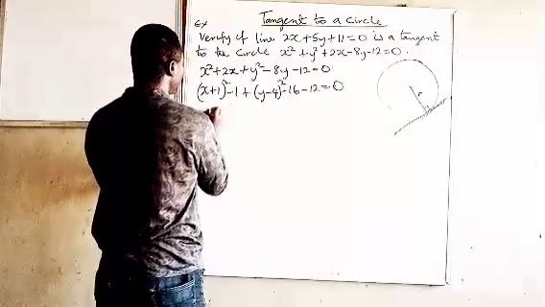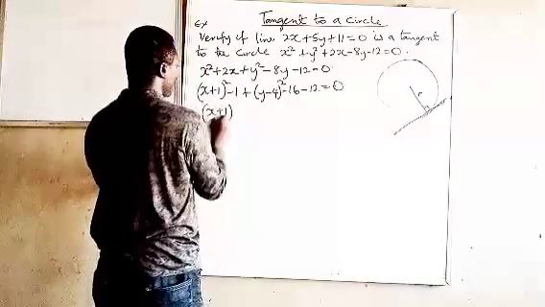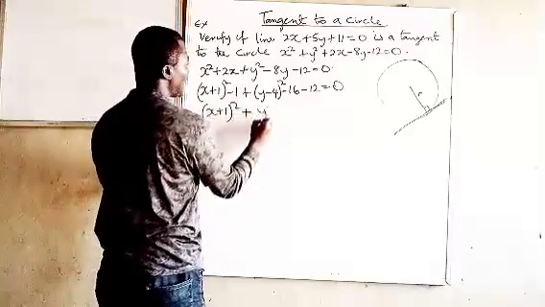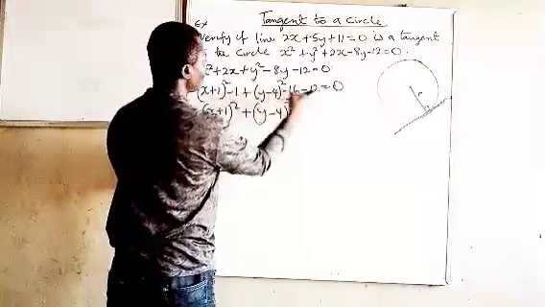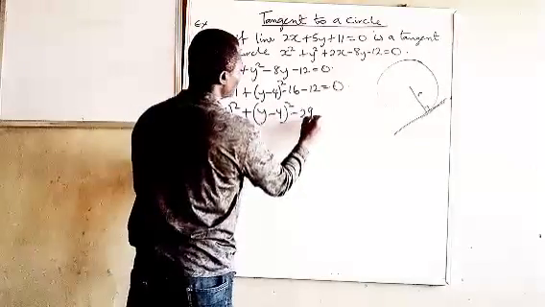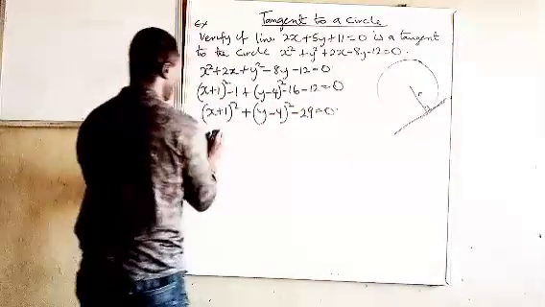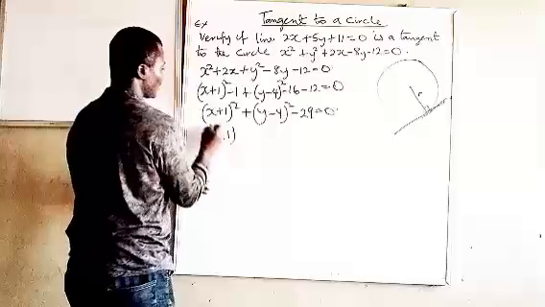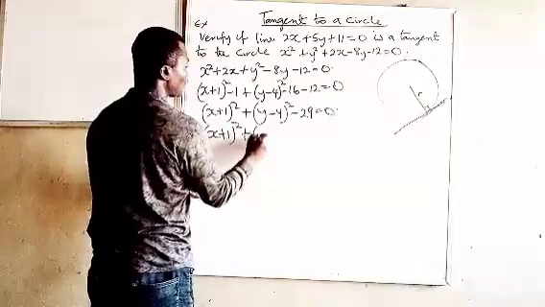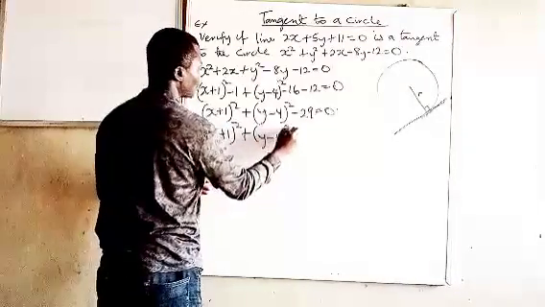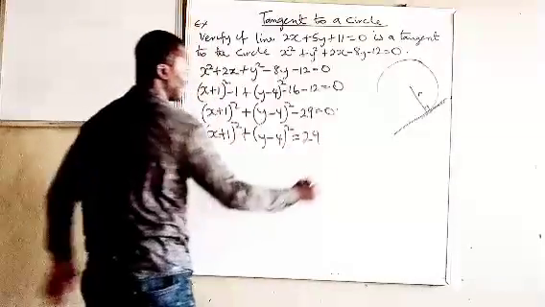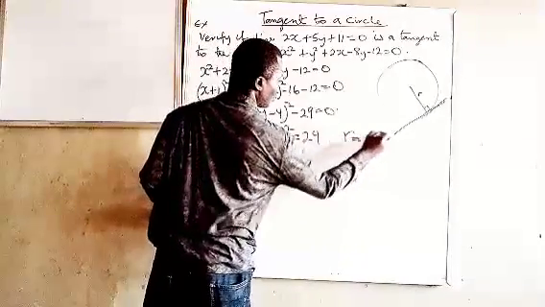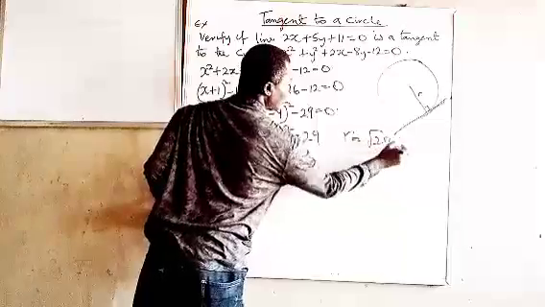So I have (x plus 1) squared plus (y minus 4) squared minus 29 equals 0. So (x plus 1) squared plus (y minus 4) squared is equal to 29. So from this, we realize that the radius is equal to root of 29.